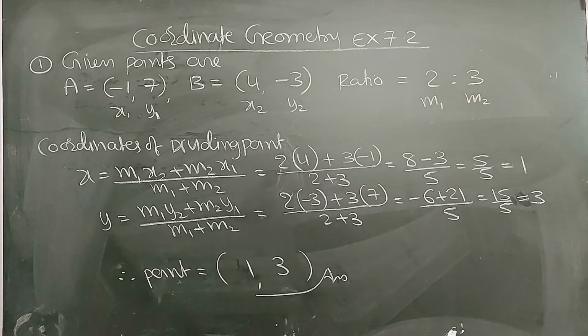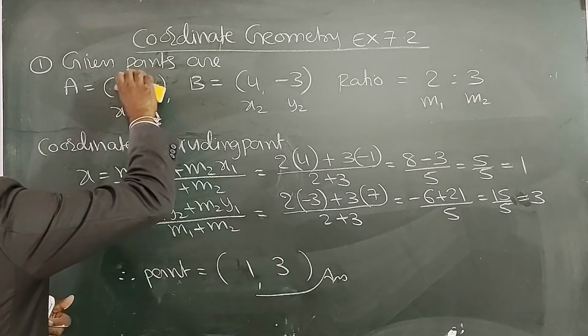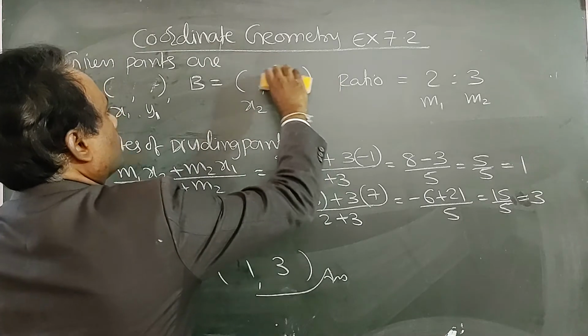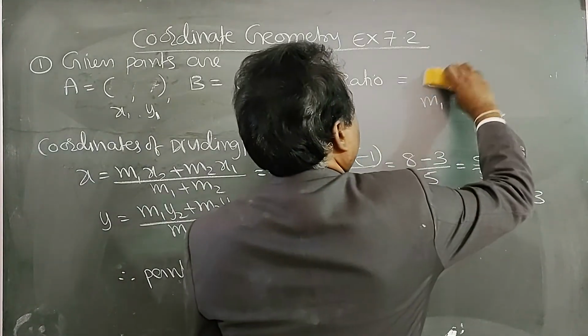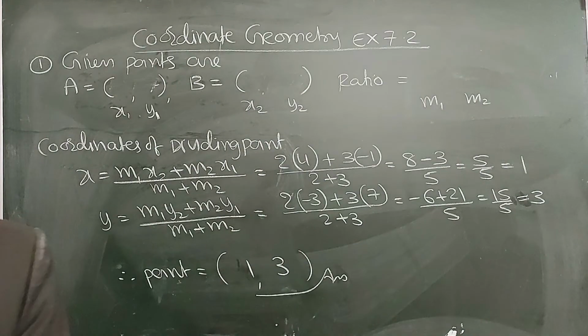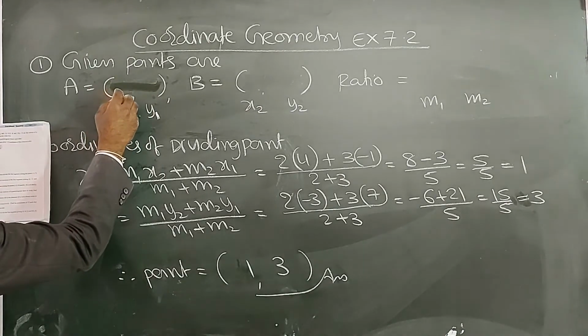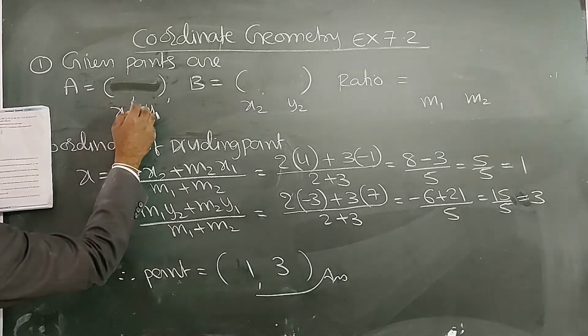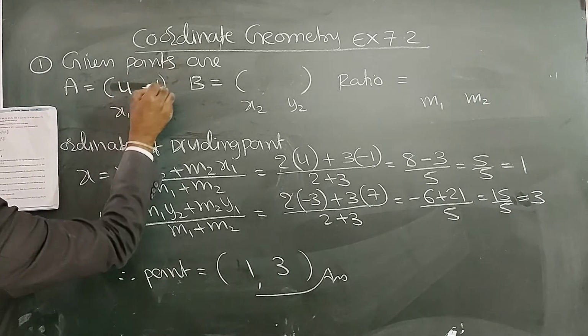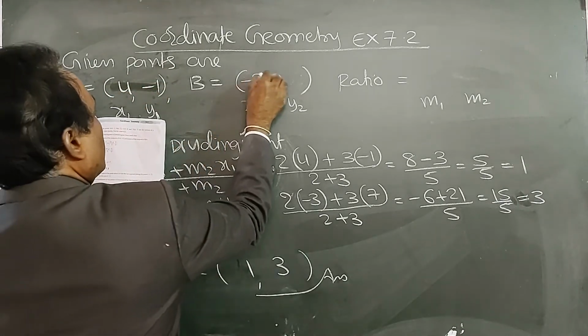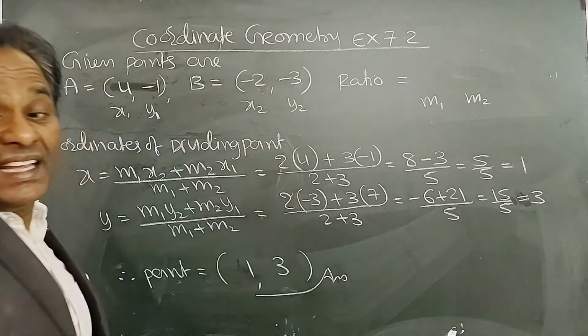Complete it and write down the second problem. Points are (4, -1) and (-2, -3).